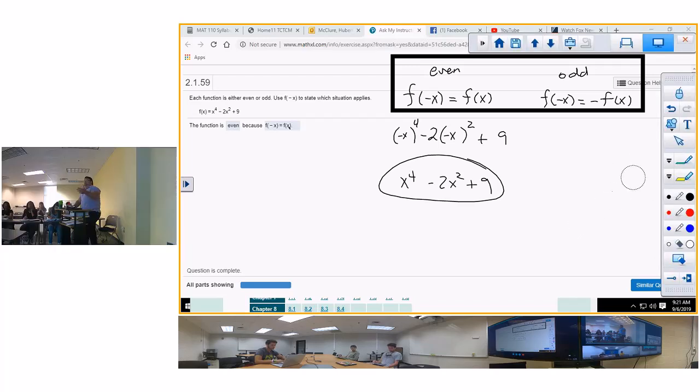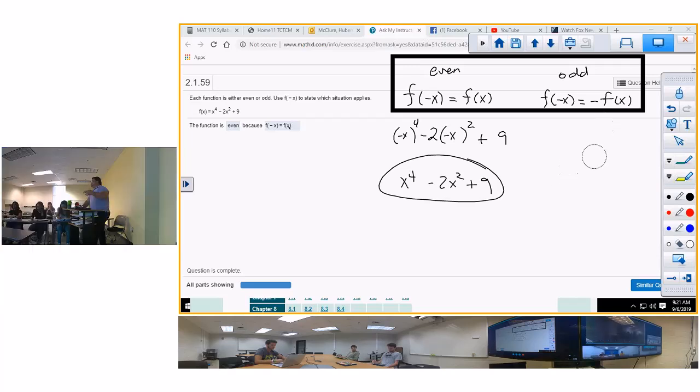So if you ever test a function to see if it's even or odd, even means that it is symmetrical around the what? Y-axis. Odd is symmetrical around the what? Origin. Even means x to the second, x to the fourth, what? The quadratic. Odd is x to the third, x to the fifth, blah, blah, blah. Okay?